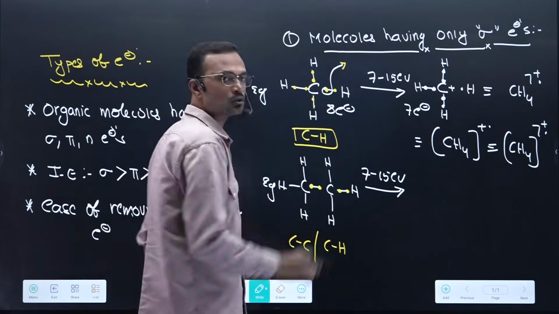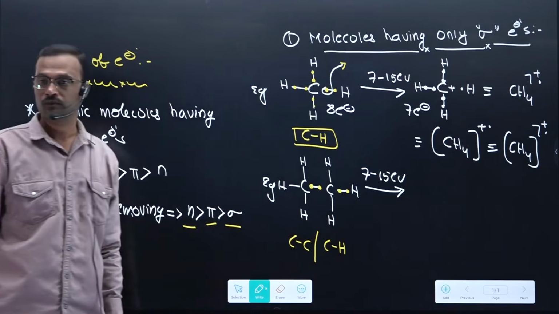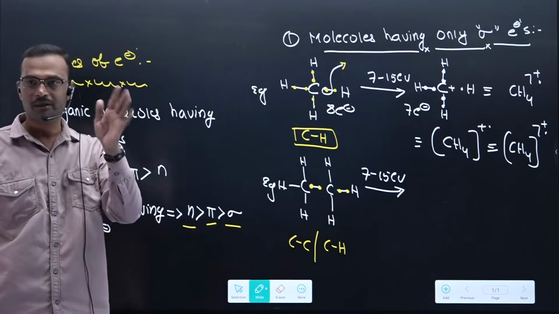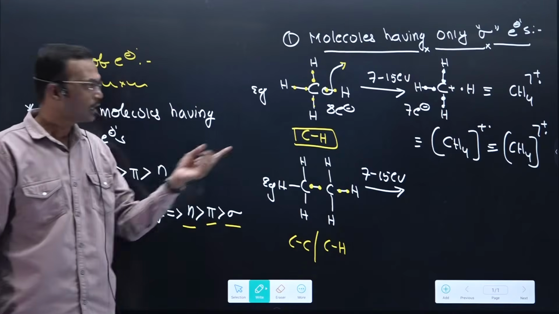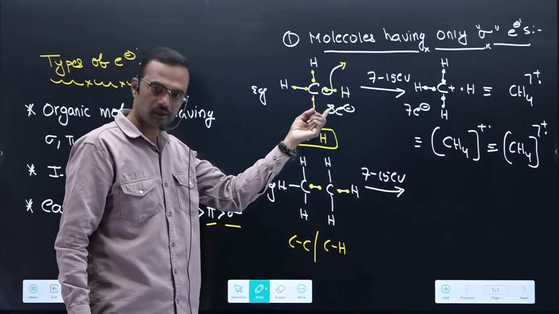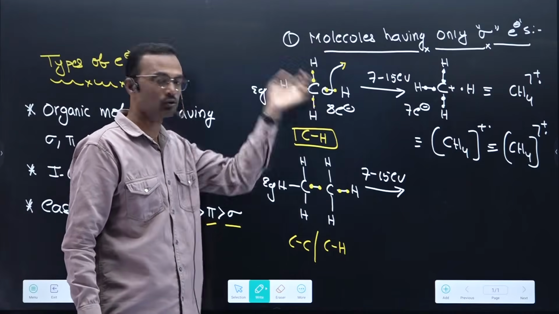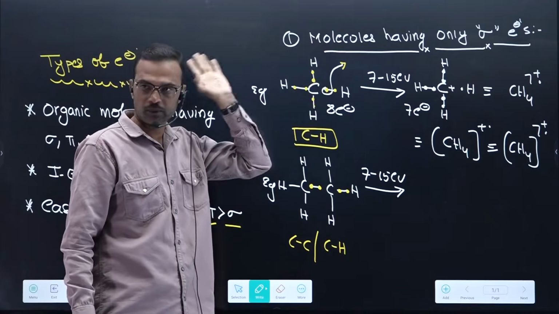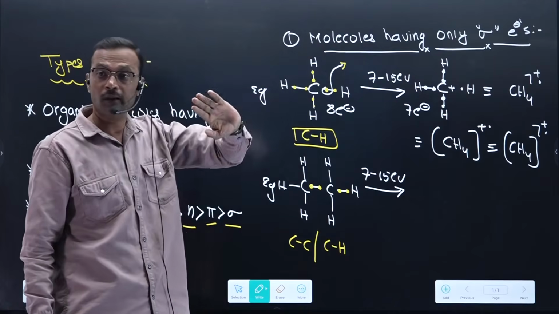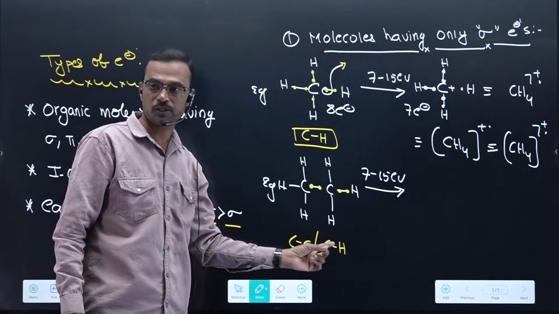Now these two sigma electrons are not the same. Don't think that all sigma electrons are the same. Here only one type of sigma electron is present, that's why I can remove any one of these electrons from anywhere, because all are the same type. Here two different types of sigma electrons are present.